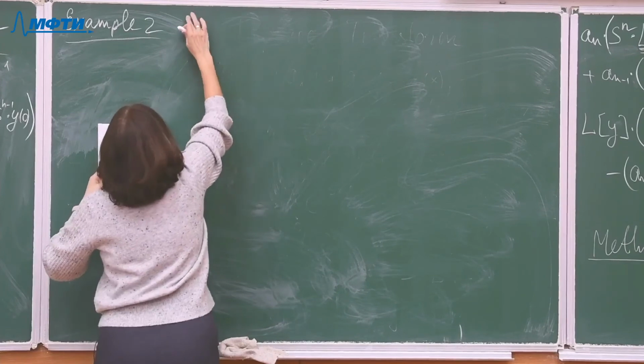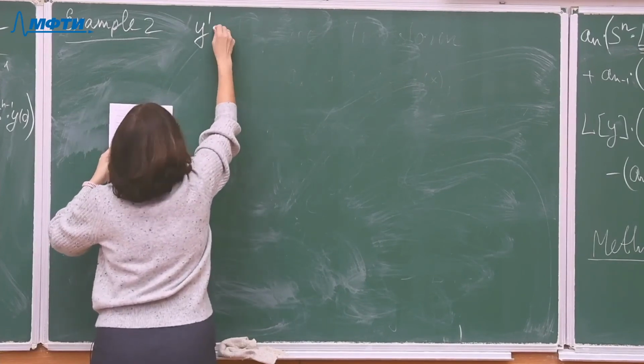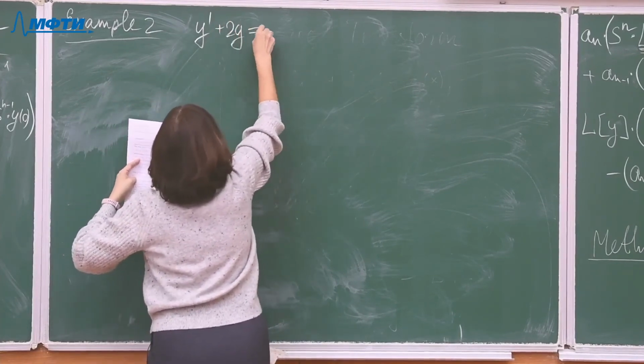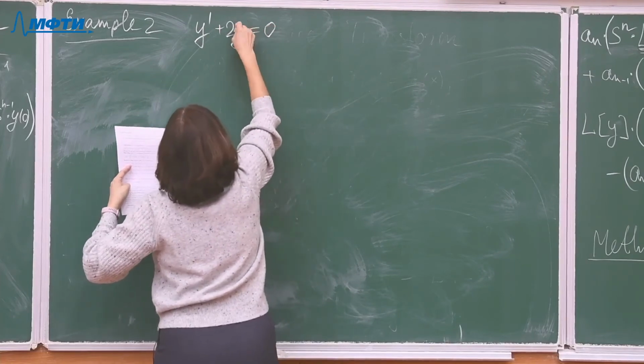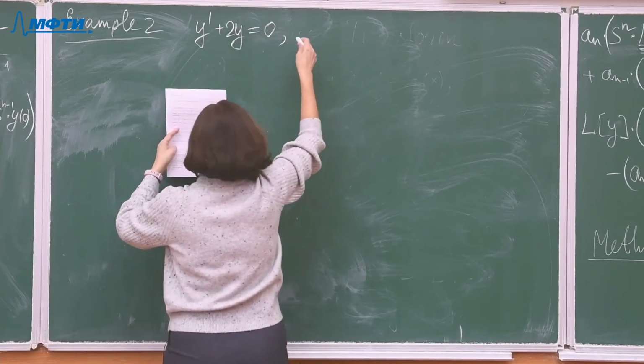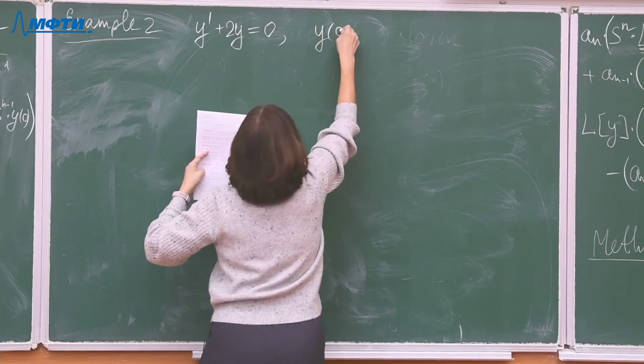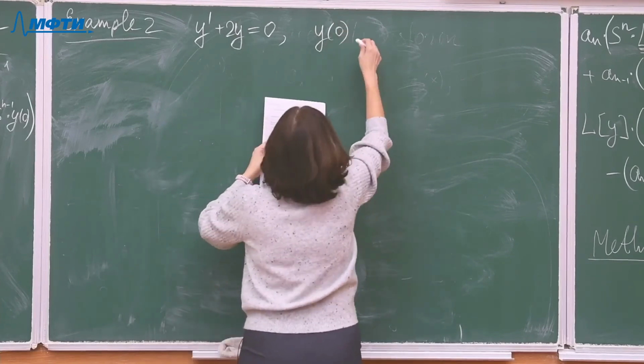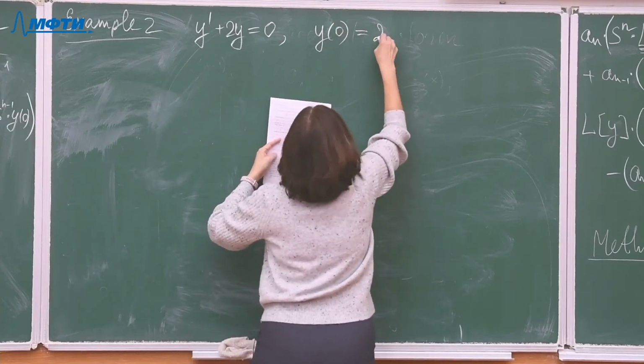Now we will try to solve this differential equation: y prime plus 2y equals 0, if y(0) equals 2.